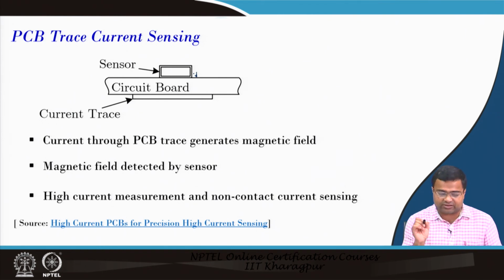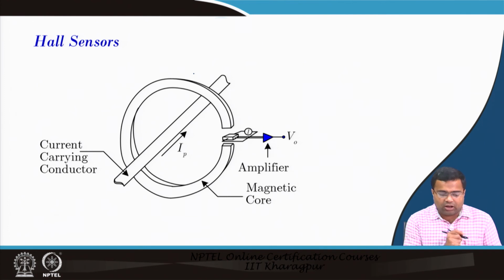The Hall sensor is another very important kind of sensor. What is the Hall sensor principle? The Hall sensor works on the principle that it produces its own voltage.